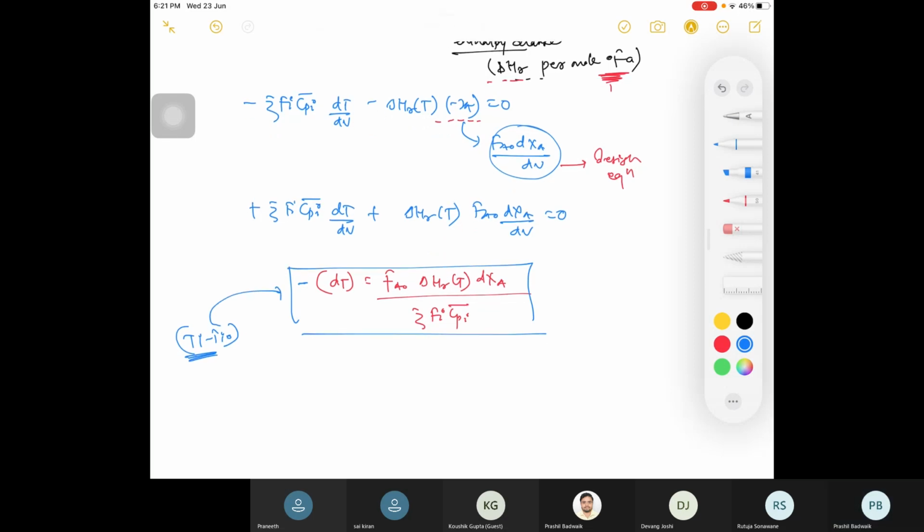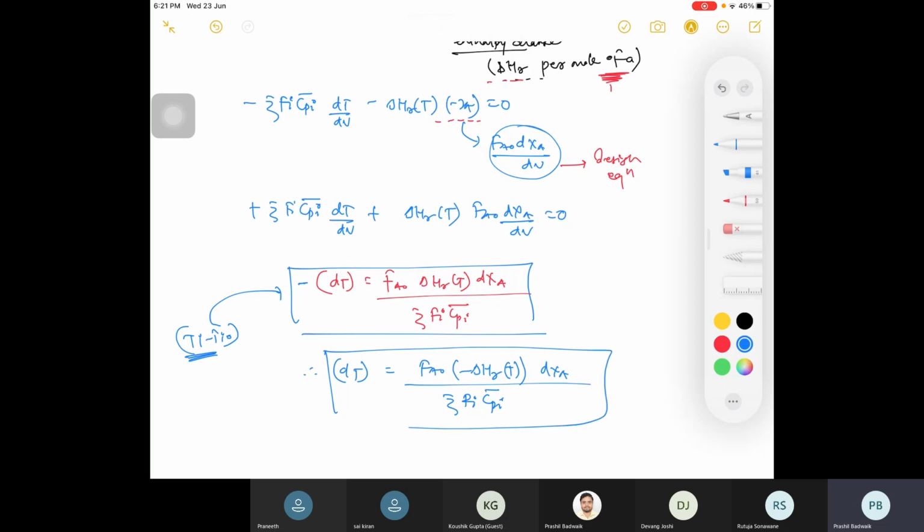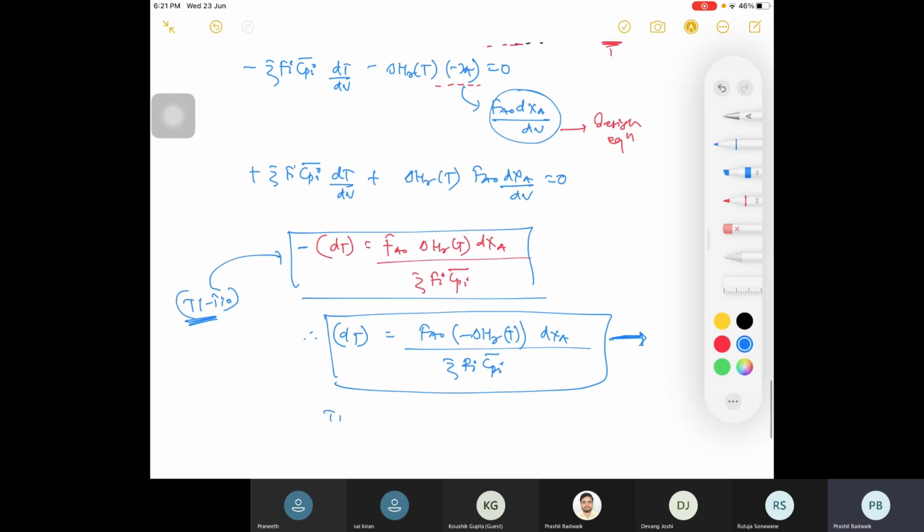So you will get dT is equal to Fa naught minus delta HR reaction at temperature T into your dXA divided by summation of Fi Cpi mean. Please tell me what is your difference there. This is your final equation. We will integrate this from temperature Ti to Ti naught, right?